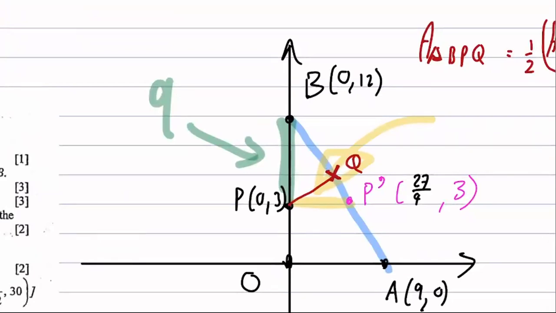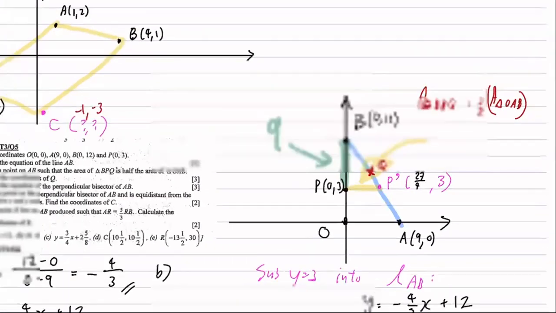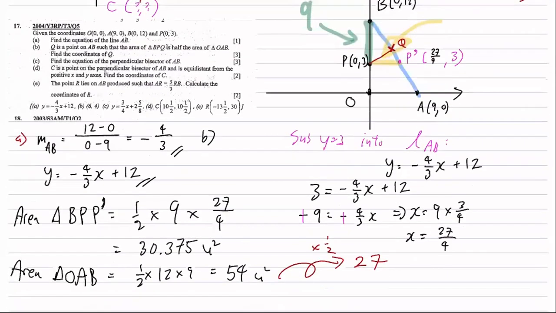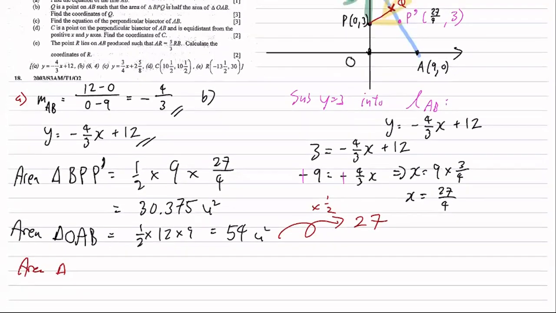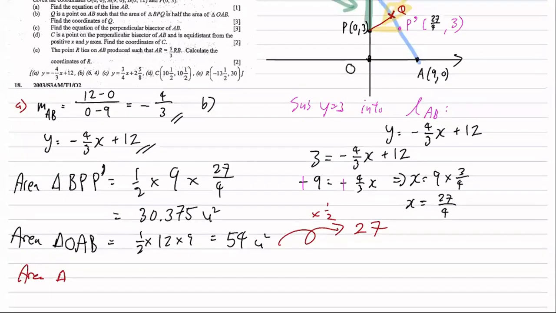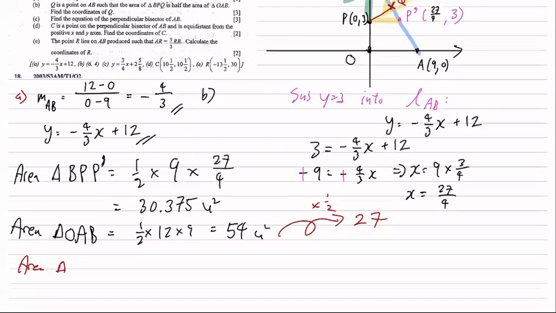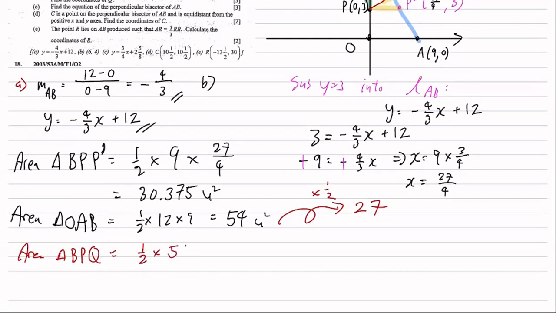You also realize that it is still a horizontal height times a base, which is 9 here. Actually, there was a simpler way to do this. We could have done this earlier. The area of triangle BPQ is half of 54, which is 27 units square.